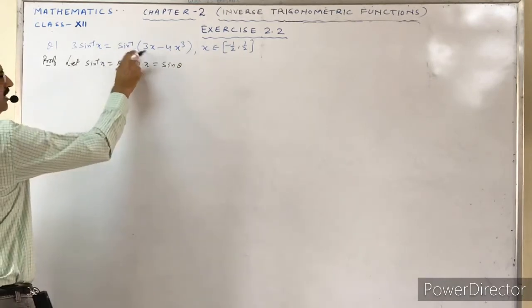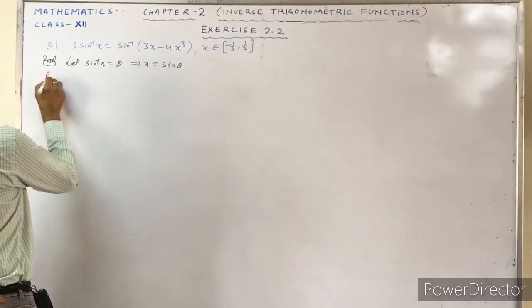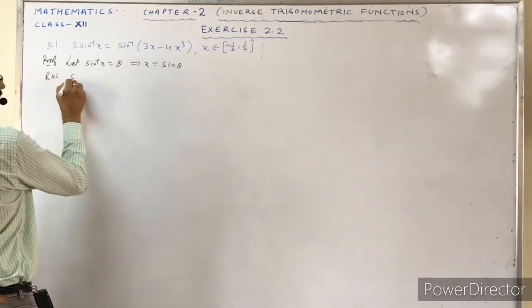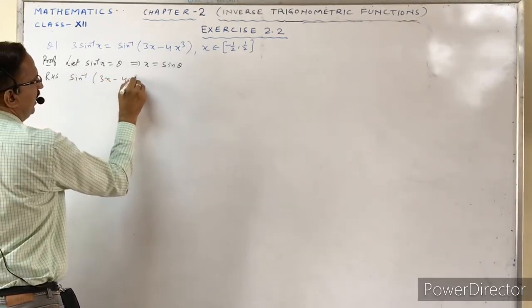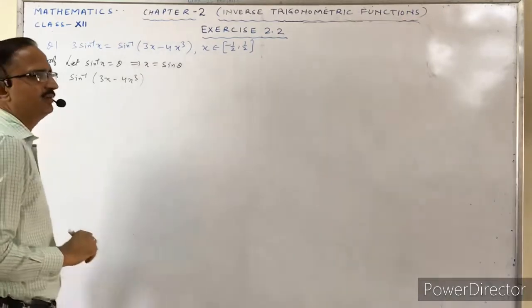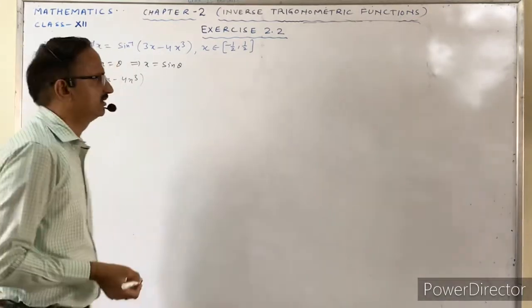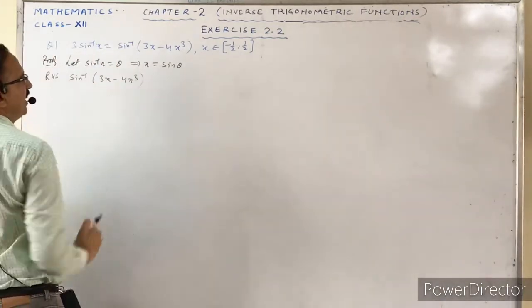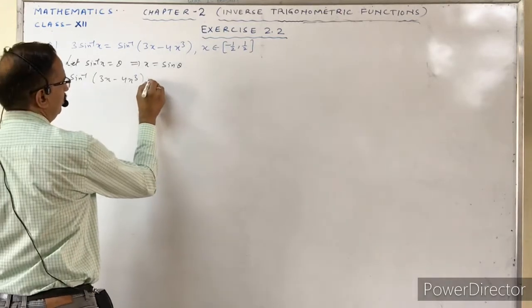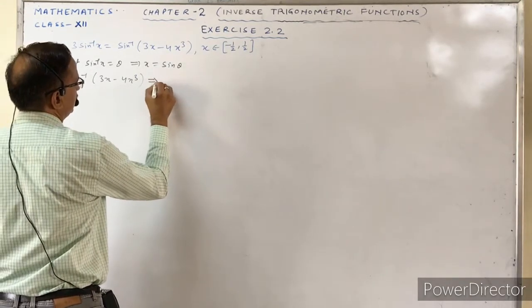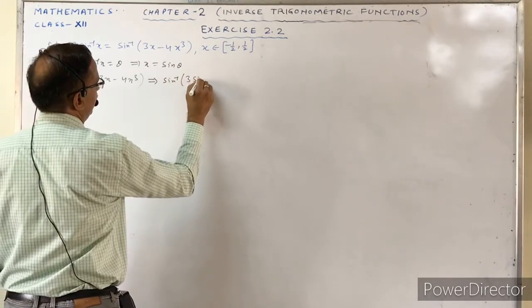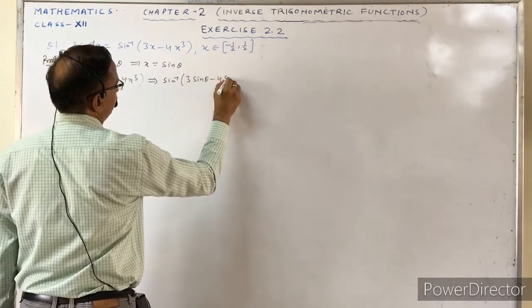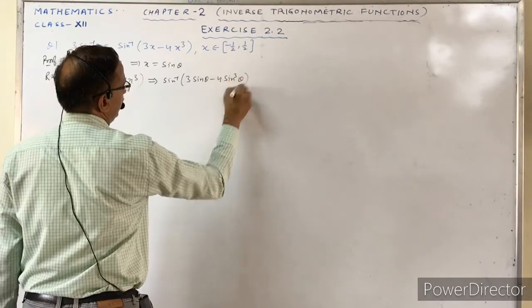Now I am considering the right hand side. In right hand side we have sine inverse 3x minus 4x cube. Now substitute the value of x. What is the value of x? Sine theta. So this becomes sine inverse 3 sine theta minus 4 sine cube theta.